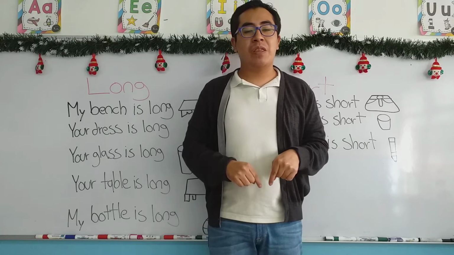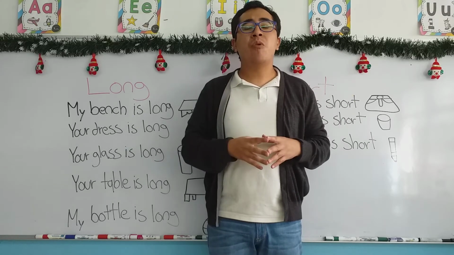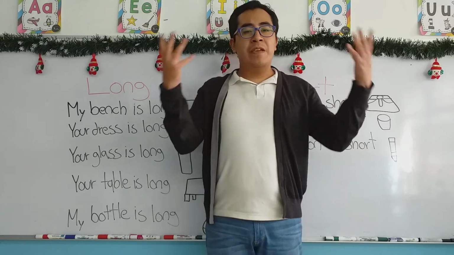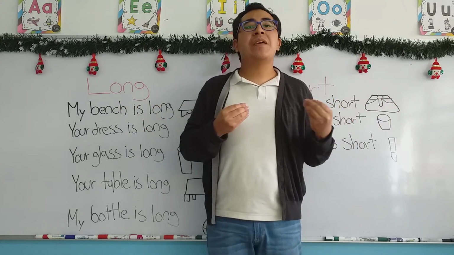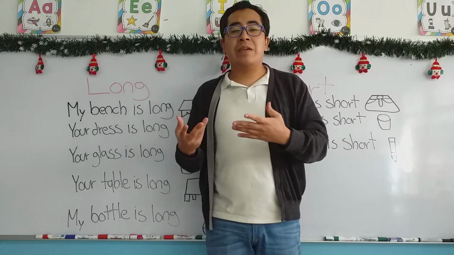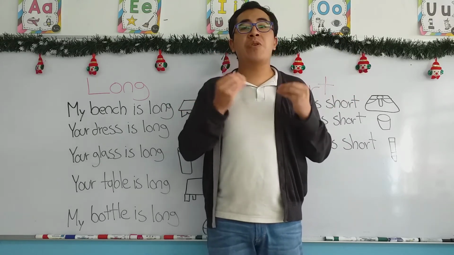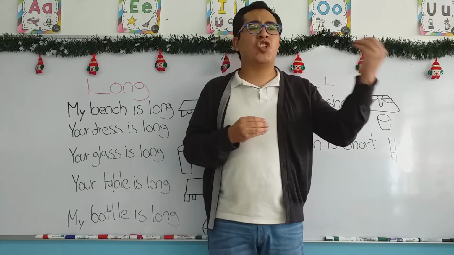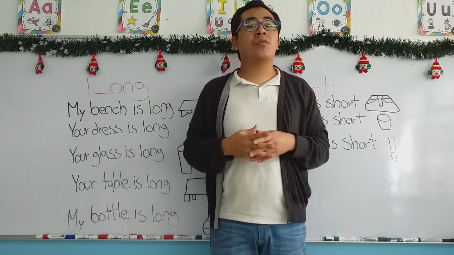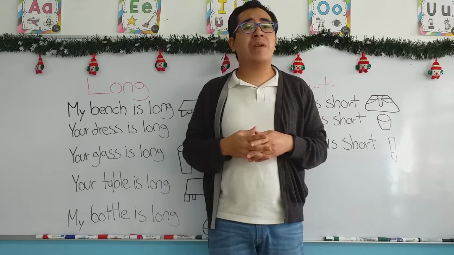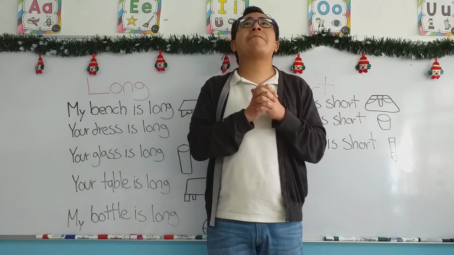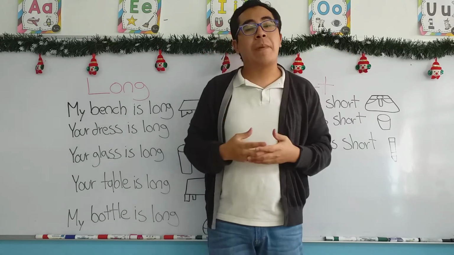For today, my children, we're going to continue with a topic that is called differences between two adjectives. Now, the word adjectives, adjetivos, these are words that we use to describe the shape or form of an object. La palabra adjetivos nos van a ayudar para describir ya sea la forma o la característica de un objeto.